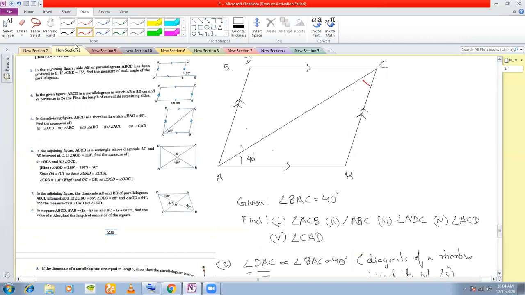See, I have this angle as 40 degrees. That means this angle must also be 40 degrees, because they are alternate angles. These two are parallel lines, and this line is your transversal. So therefore, these two angles must be alternate angles. Therefore, it is 40 degrees.